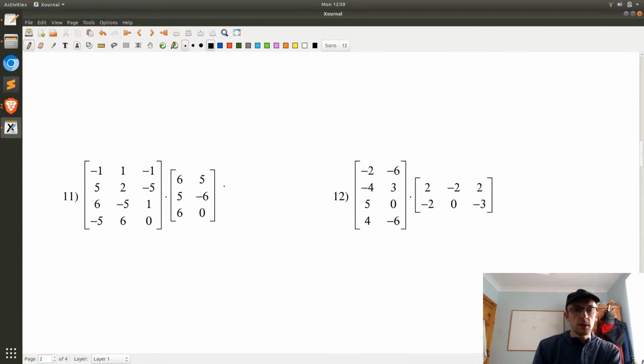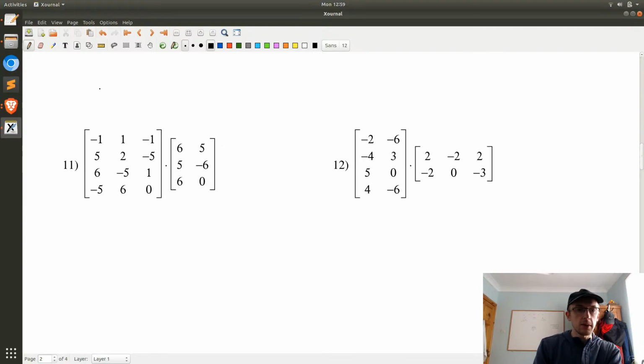Next up, here in problem 11, looks like quite a bit of work. A 4 by 3 matrix is being multiplied by a 3 by 2 matrix. The inner numbers here agree. The number of columns in the first matrix matches the number of rows in the second matrix, so it's valid.